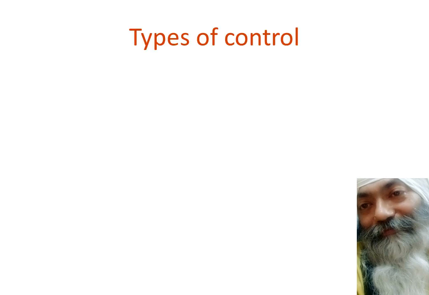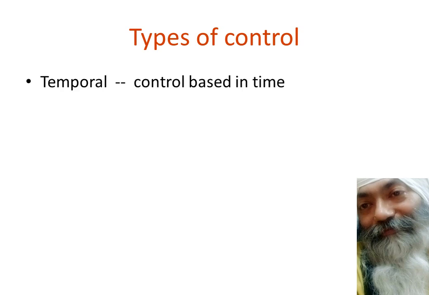And finally, when we come to the types of control, all this that we have said depends upon the current status. But there are some types of controls called temporal controls, which are not dependent on the current status but on the history. For example, you have a timer of 3 minutes.